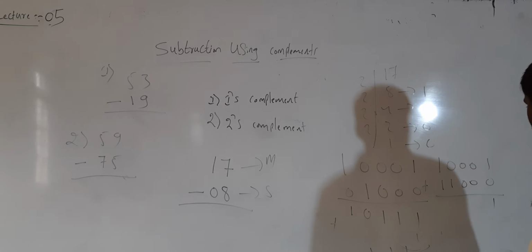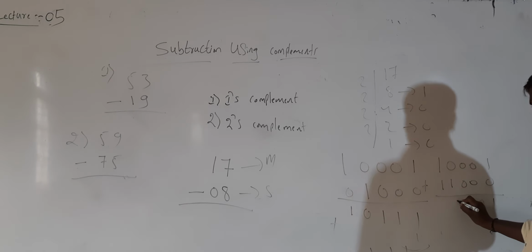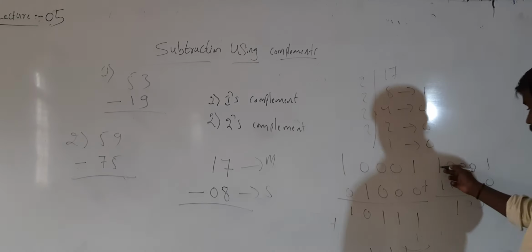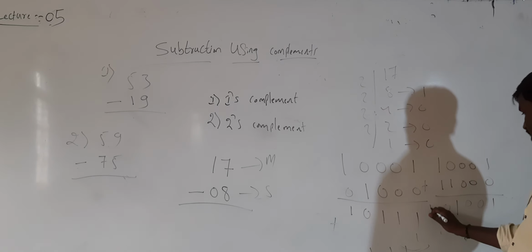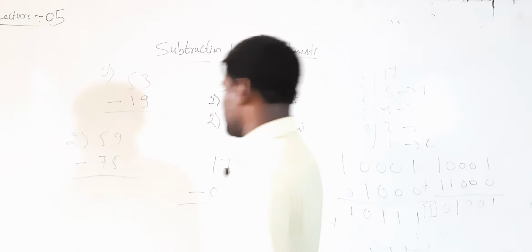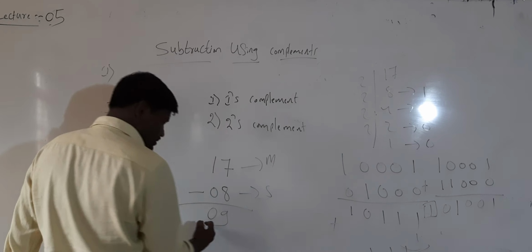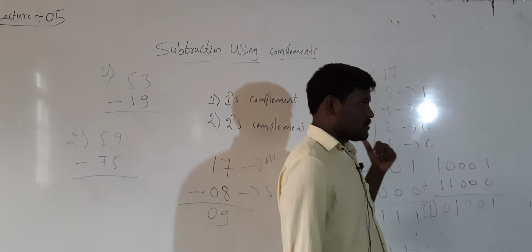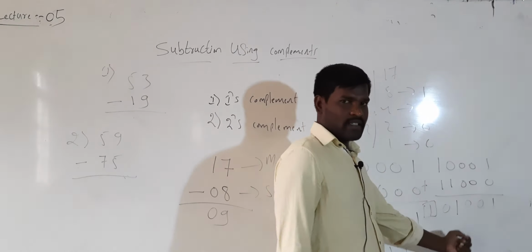Here 1 0 0 1 with a carry. See here, 17 minus 8 is 9. See the difference here between one's complement and 2's complement.